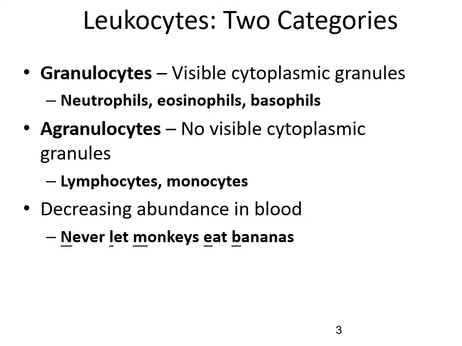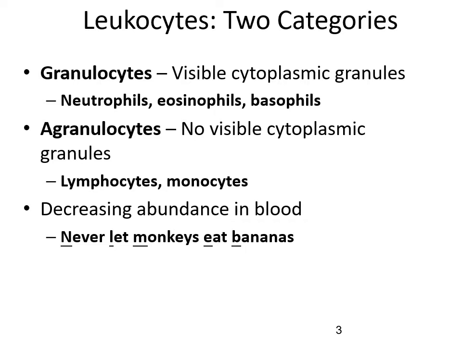The other two types of white blood cells are called agranulocytes because they don't have any visible cytoplasmic granules, and those are lymphocytes and monocytes. So actually, the white blood cells ending in phil are granulocytes, and the white blood cells ending in cyte are agranulocytes. So that's the way you can keep them straight.